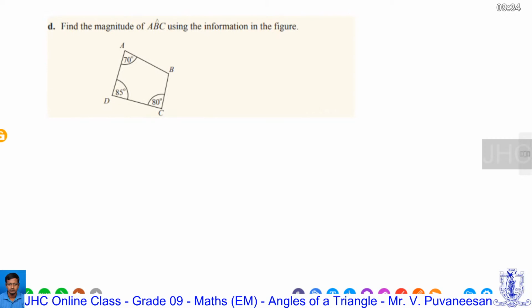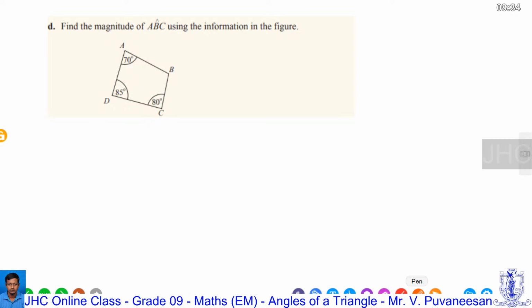Okay, this is: find the magnitude of ABC using the information in the figure. We already know that the sum of interior angles of a quadrilateral is equal to 360 degrees.